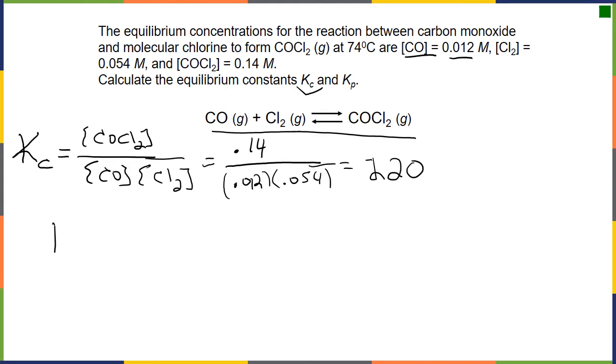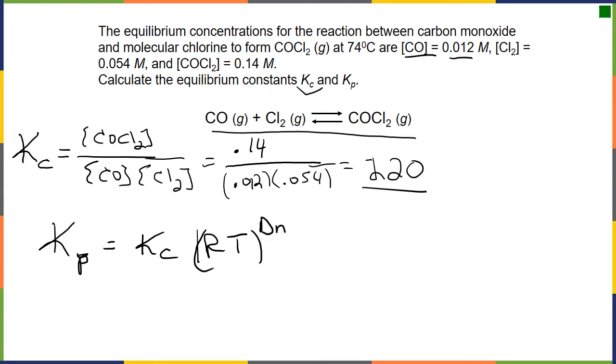Now we can relate Kc to Kp, our equilibrium constant in units of atmospheres rather than molarity, which is equal to Kc, this value right here, multiplied by RT to the delta n. Delta n is moles of the product minus moles of the reactant. And again, this is only going to work for gases. So this is going to equal 220 multiplied by R, because this is PV equals nRT, so 0.08206.